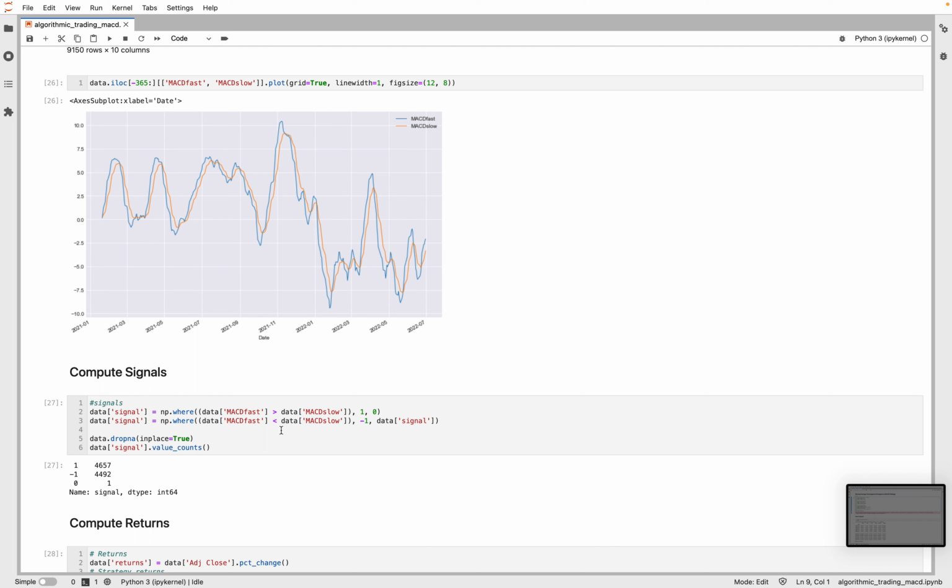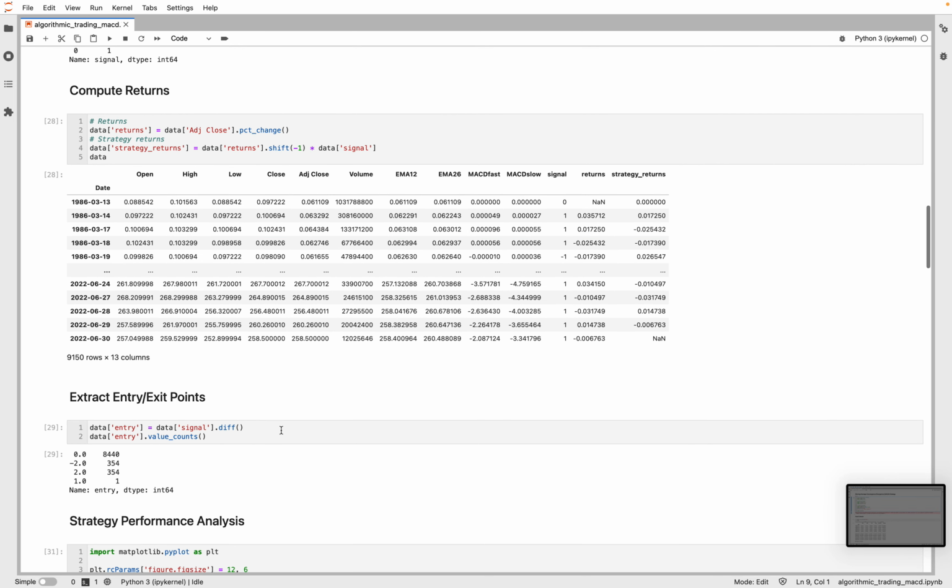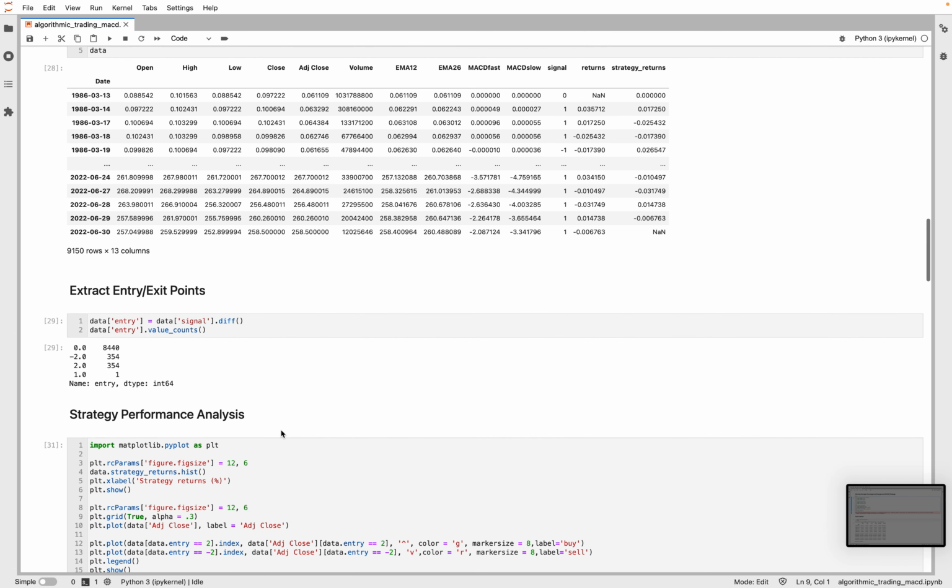This is very similar to the moving average crossover strategy that we discussed before. Next, we will compute the strategy returns as well as the entry points for the buy and sell, similar to the previous video. Let's look at the strategy performance.